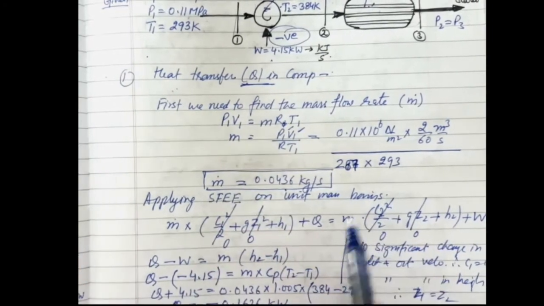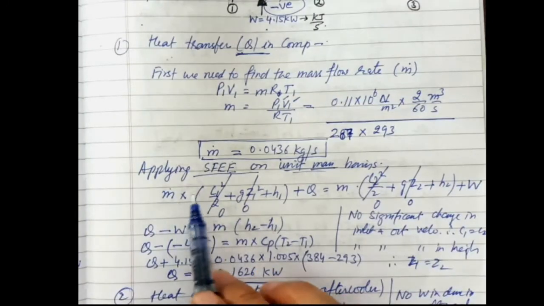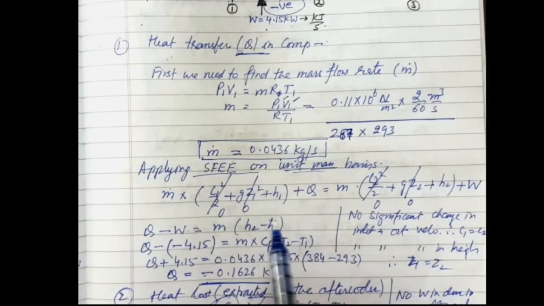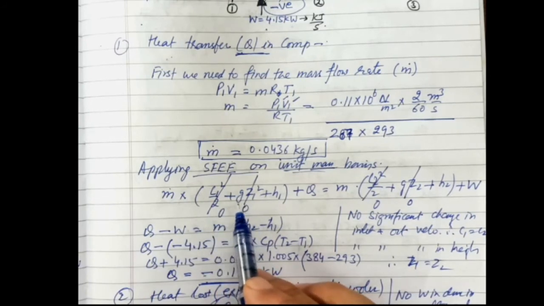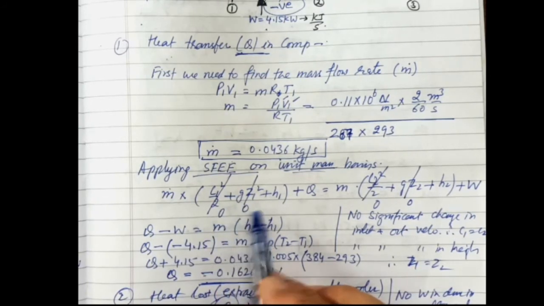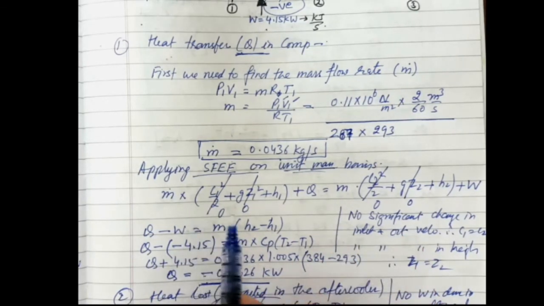Now we can apply this steady flow energy equation on the basis of mass flow rate. So we know that in case of an air compressor there is no kinetic energy of the air, and no potential energy of the system, because it is almost a horizontal system. So what we are left with is heat transfer Q minus W is equal to mass flow rate multiplied by the difference of enthalpies of air.